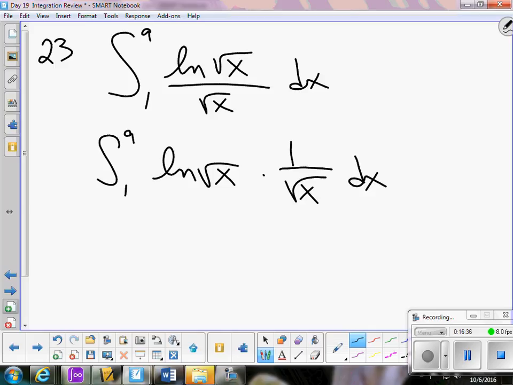Make sure you see if I write it as multiplication. Alright, so what are we going to make the u? Okay, so u equals the ln of rad x. Oh yeah, that is what I wanted it to be.